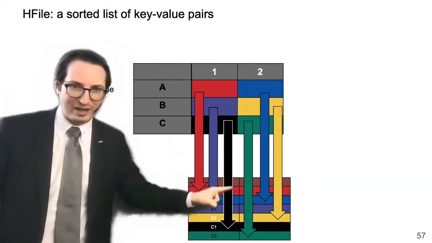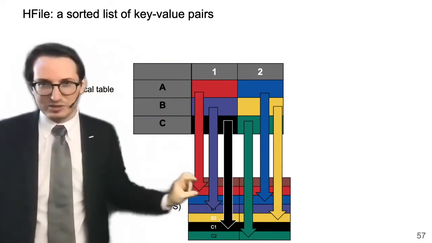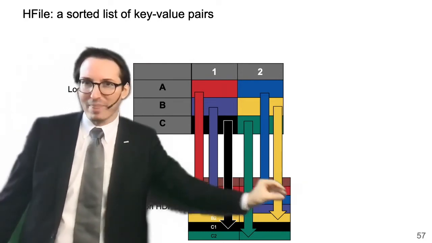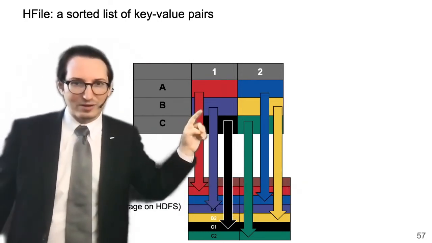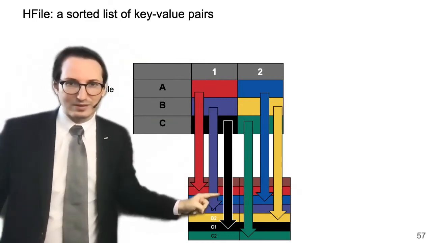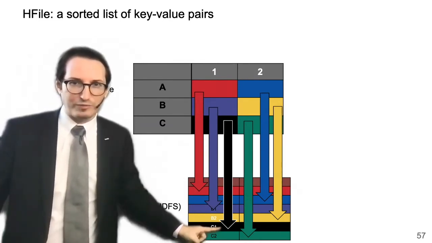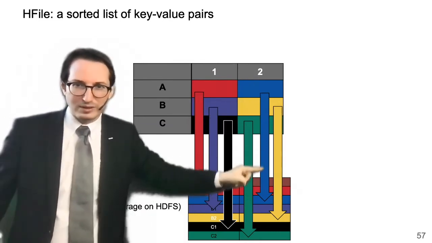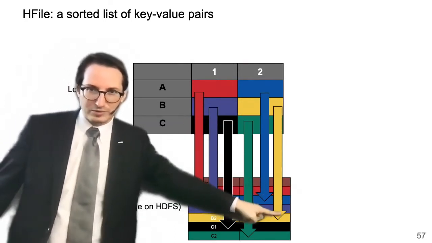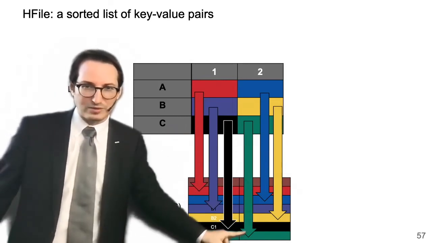On the left, I have the key, so that's A1 plus the name of the family, but it's the same everywhere. And then here I have the value that is stored in there. Then I have, let me do it in that order, B1 that is stored there. I have C1 that is stored over there. I have A2 that is stored here. I have B2 that is stored right there. And I have C2 that is stored there.